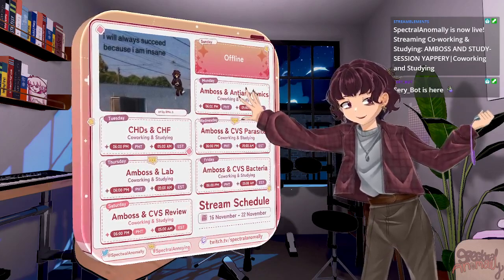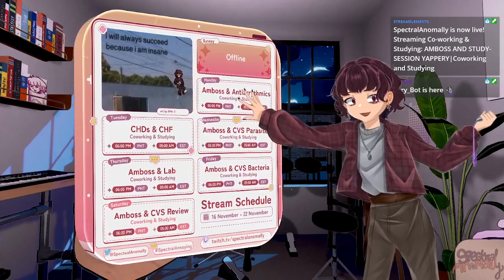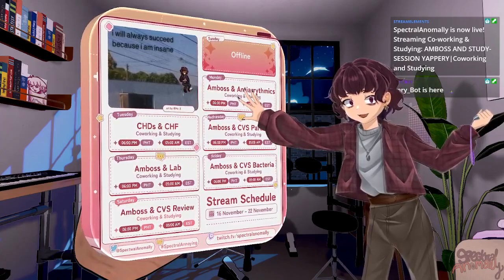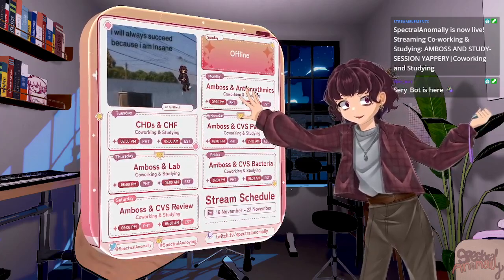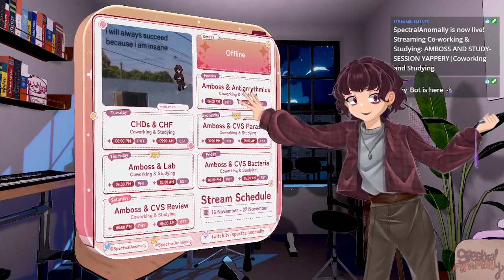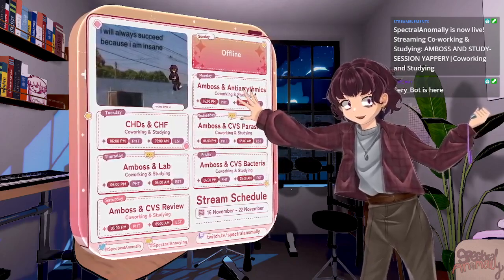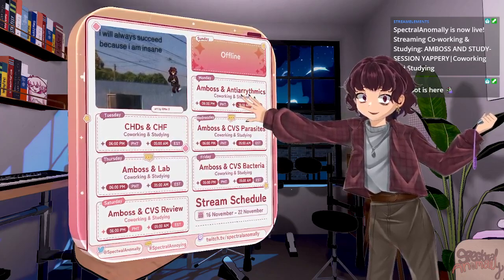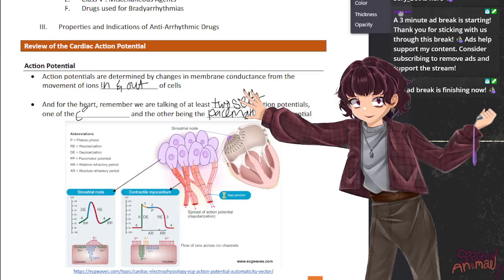I didn't have a PowerPoint prepared for antiarrhythmics, so I was like, what if I just use the handout that I'm supposed to do for homework as the thing that I do on stream? Seemed like it was a good idea. So yeah, that's what we're doing today.